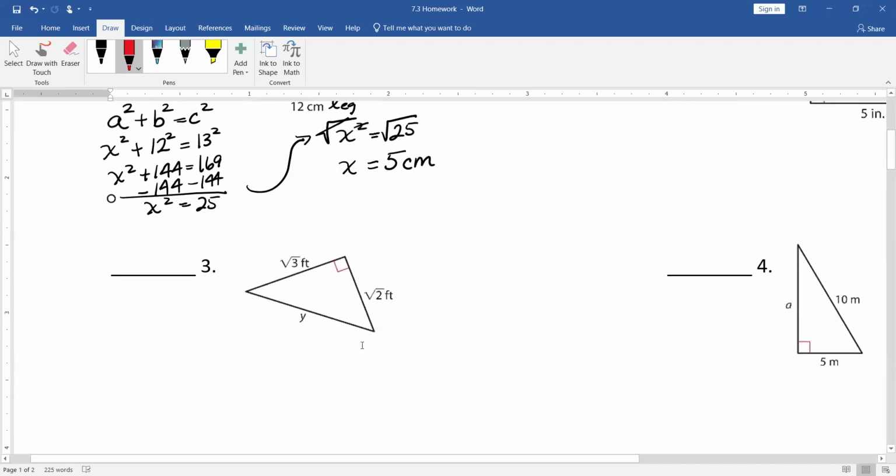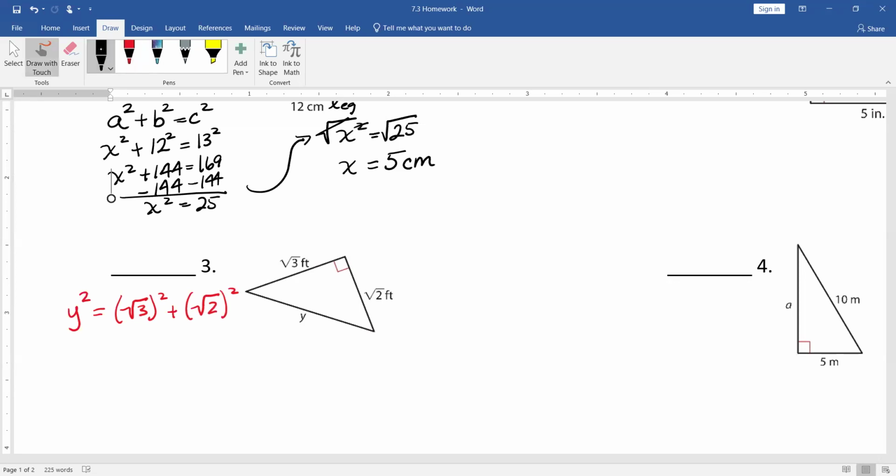Okay, so for this one, we have our 2 legs. One is the square root of 3, one is the square root of 2. So it's quite easy. So y is my hypotenuse. So again, I'm going to start with that on the left, equals the square root of 3 squared plus the square root of 2 squared. And again, it doesn't really matter if you have a square inside the square root or outside, they still cancel each other out.